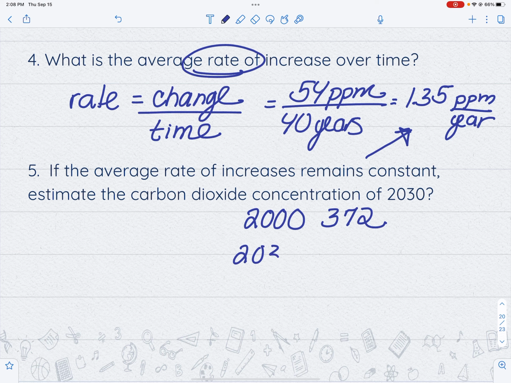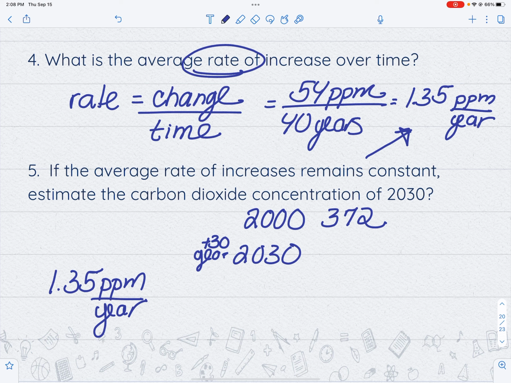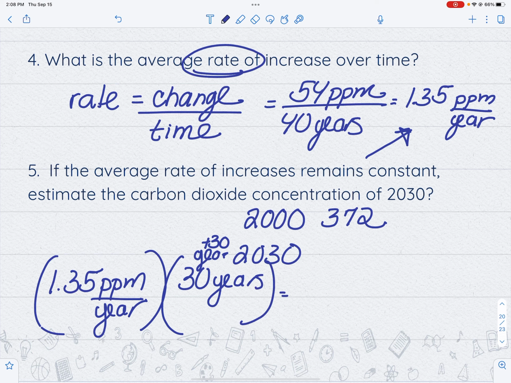In the year 2030, that means it will have been 30 years. So if it is increasing at 1.35 ppm per year, and I multiply that by 30 years, I should get how much it would increase by.